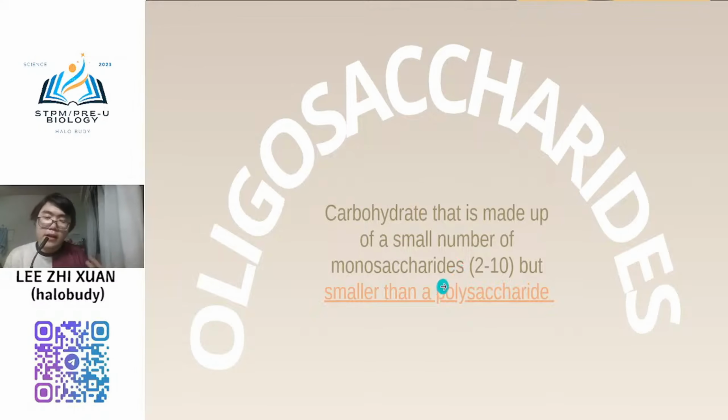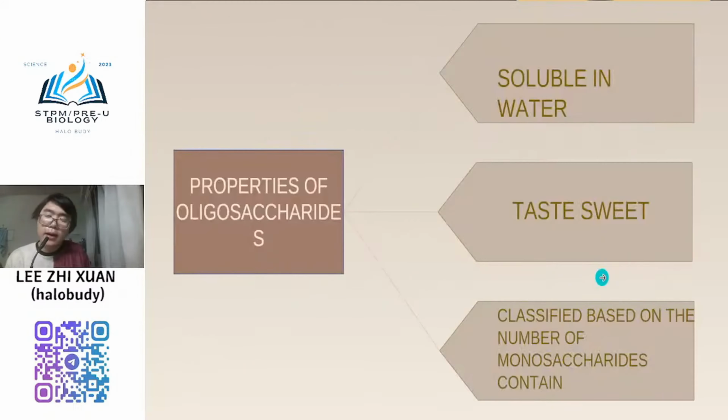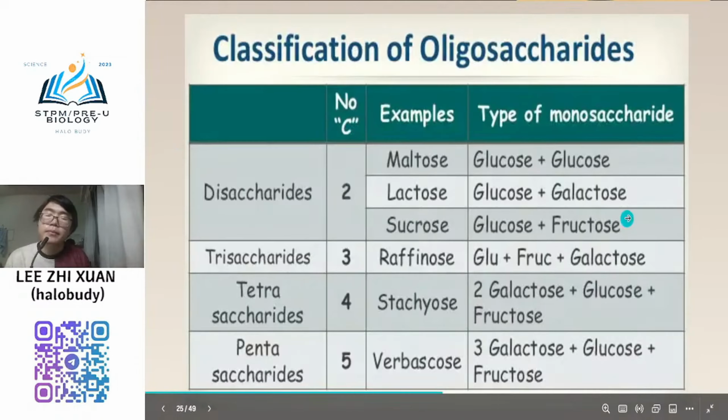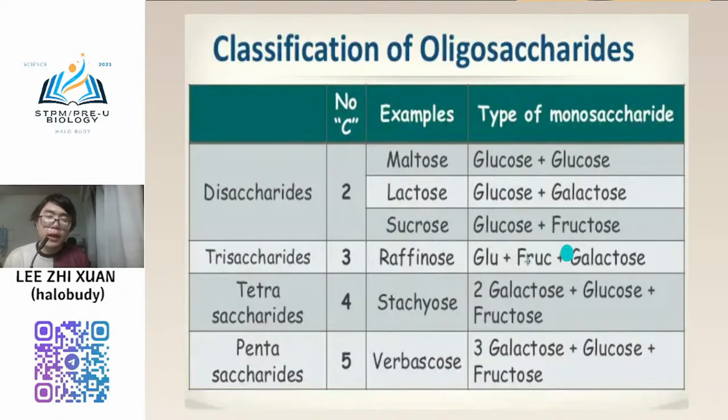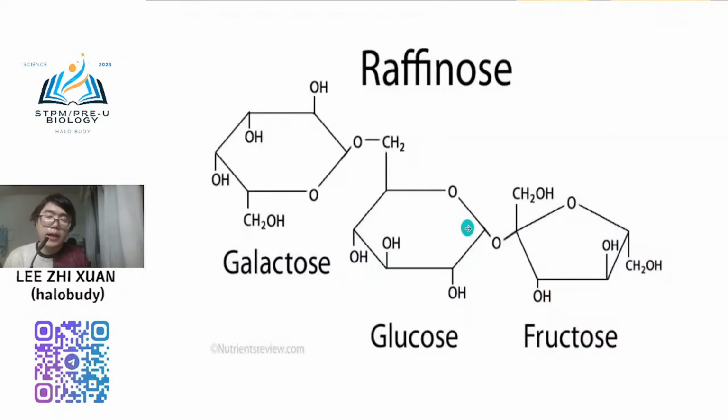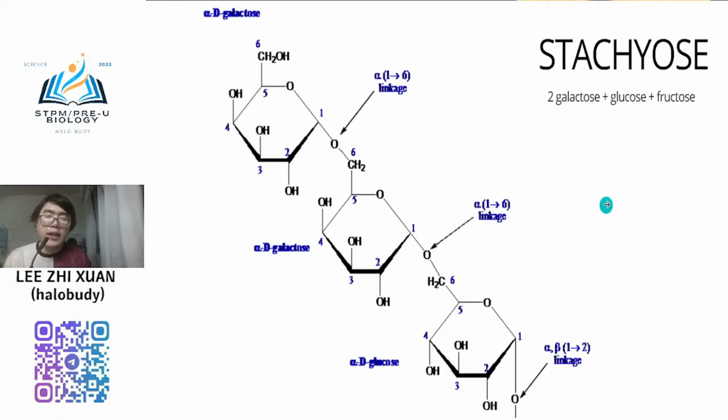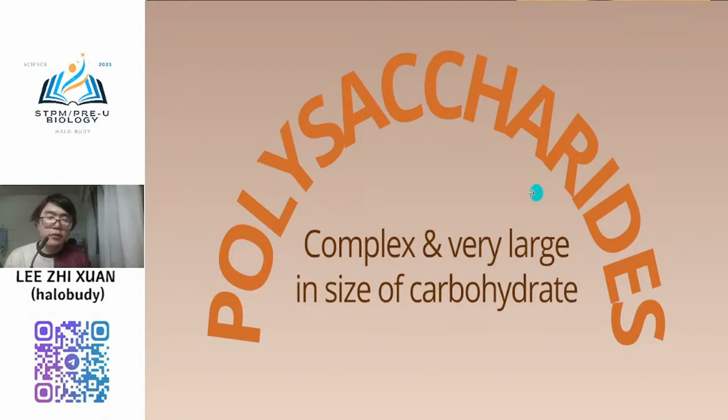Compared to disaccharide, which is 2, oligosaccharide is normally 2 to 10 only. Smaller than polysaccharide lah. But I don't need to explain much because it is not in the syllabus. I just want to tell you they are soluble in water, and classified based on the number lah. And this is an example of oligosaccharide. You don't need to know the example, not important.